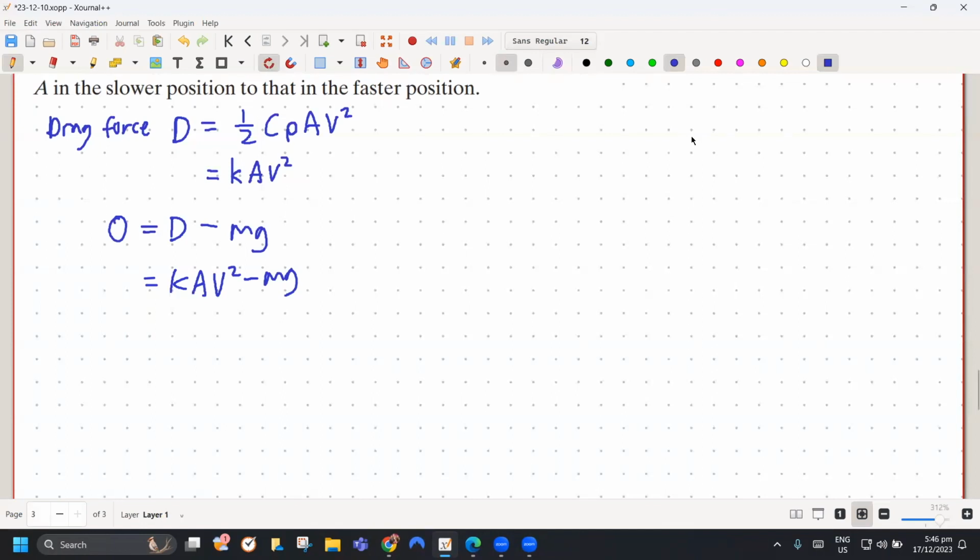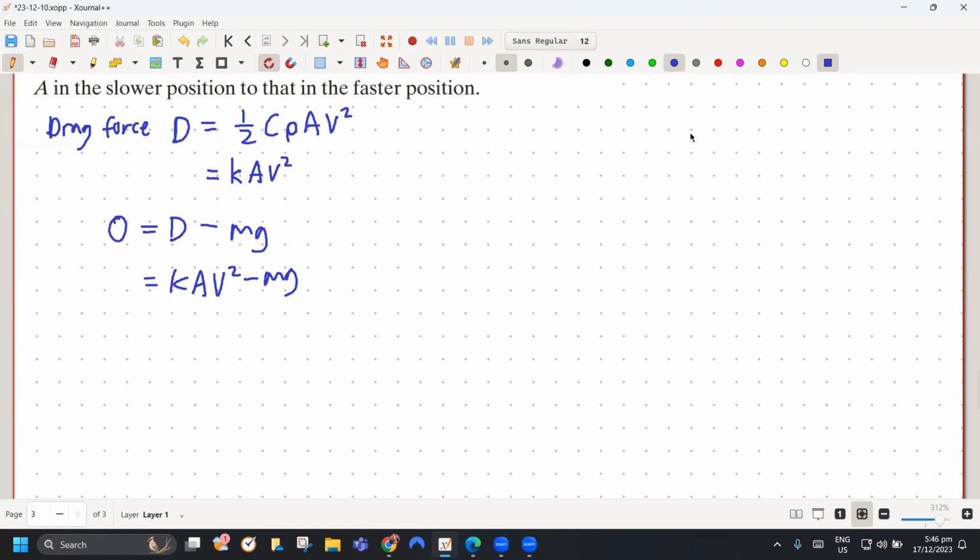For example, the problem here is the nosedive, spread eagle position versus nosedive position. So let's call A1 and V1 the area and speed when in spread eagle position. So write it down.